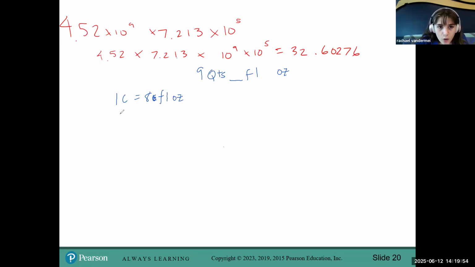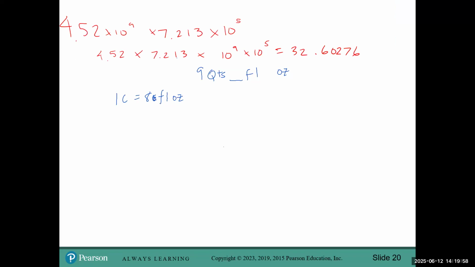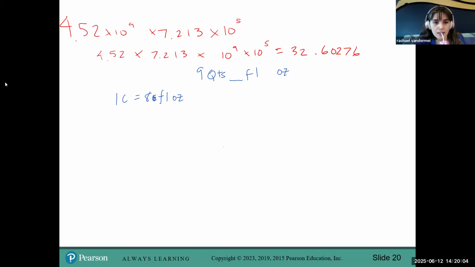Unless I'm missing something, I only see quarts to liters, and quarts to gallons, 4 quarts to 1 gallon. Let me pull it up so I can see, because maybe I'm not looking in the right area.